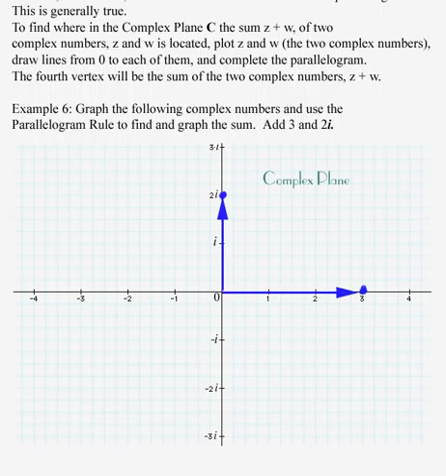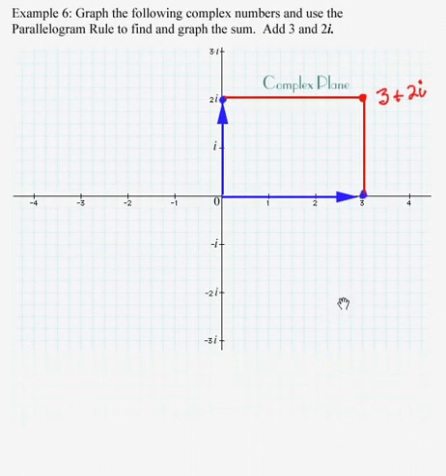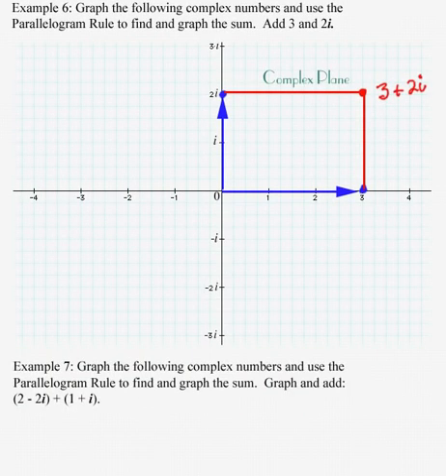And then if we were to complete the parallelogram by drawing a line the same length parallel to this vector and drawing another line parallel and the same length to this vector, that gives us our vertex here of the parallelogram, which happens to be the point 3 plus 2i, and that's what we get. That's our solution when we take 3 and add 2i to it. So this example illustrates the parallelogram rule for adding 2 complex numbers with a nice, simple example.